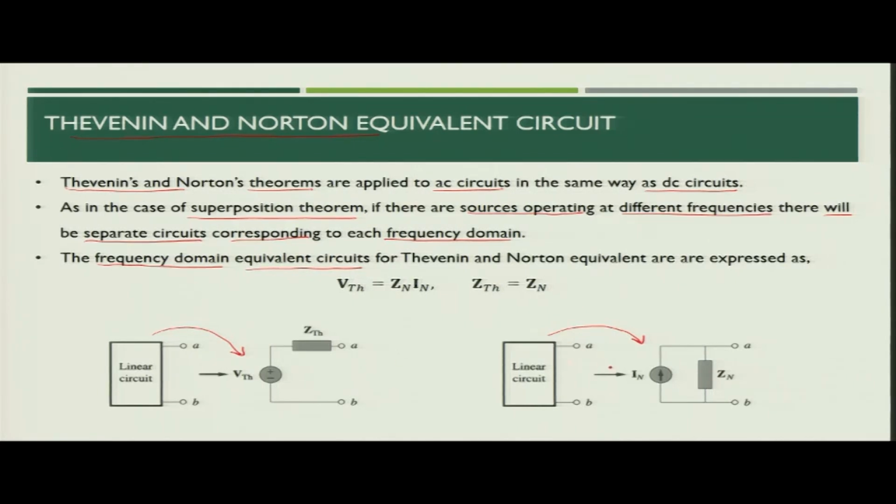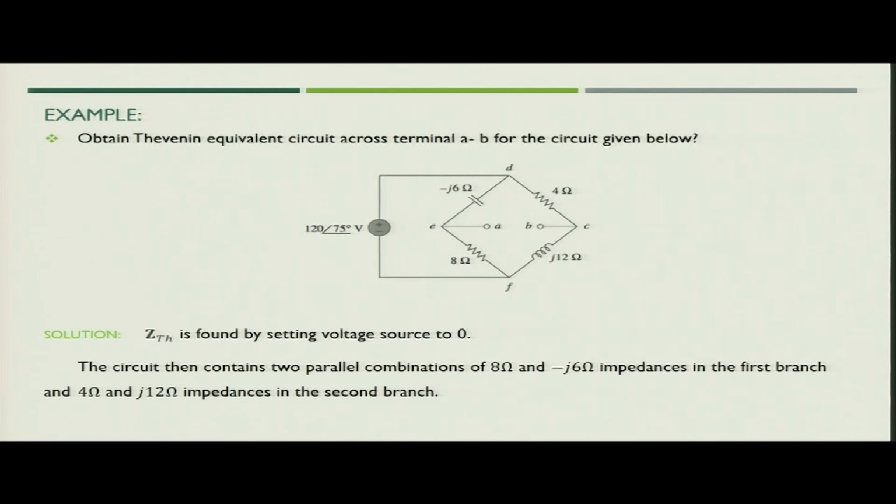So, you can see that these two circuits, that is Thevenin's equivalent and Norton's equivalent, are dual of each other, and the Thevenin voltage, that is VTH, can be given as ZN, that is Norton's impedance, multiplied by the Norton's current, and in both of the cases your Thevenin impedance and Norton's impedance will be same. So, in this way you can convert the Thevenin's equivalent into Norton's equivalent. Now, let us understand these particular equations with the help of few examples.